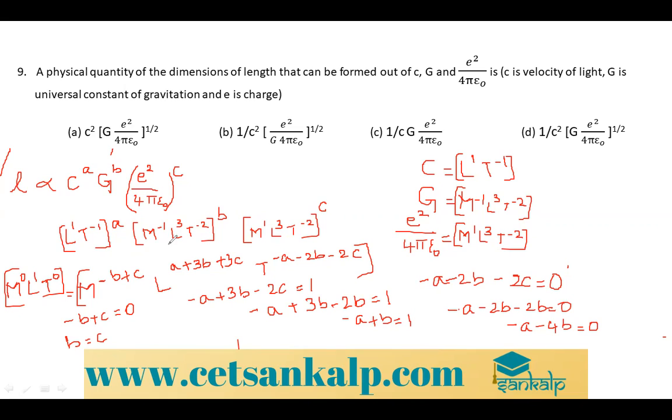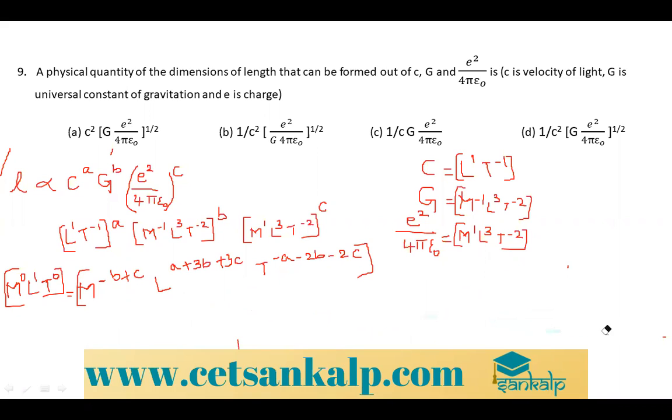So again T, minus 1 into a is minus a, minus 2 into b is 2b, minus 2 into c is 2c. Okay, I hope now you are clear with that. So now we'll see one by one. Sorry for that. Whatever the mistake I've done, sorry for that. Now we'll continue with that.